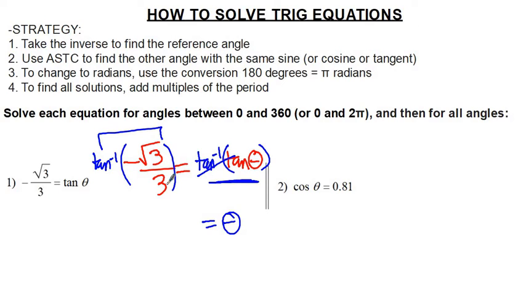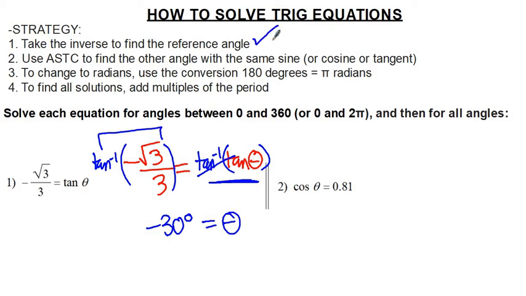And you can put that in a calculator, or you may recognize that from the table that we memorized, the 30, 45, 60 table. That actually turns out to be 30 degrees as the reference angle. But it's negative, so if you put that in a calculator, you'll get negative 30 degrees. Okay, so that's our first step. We take the inverse and we find a reference angle, or in this case, the angle of negative 30.